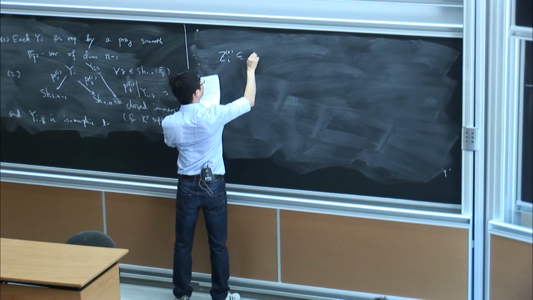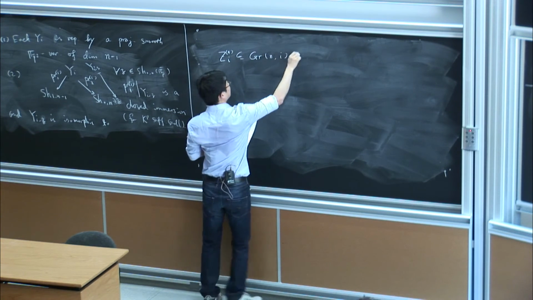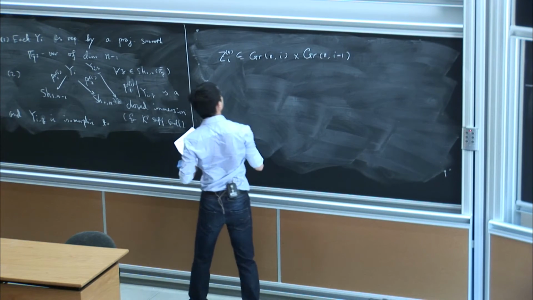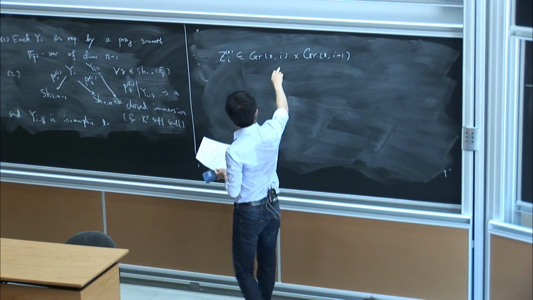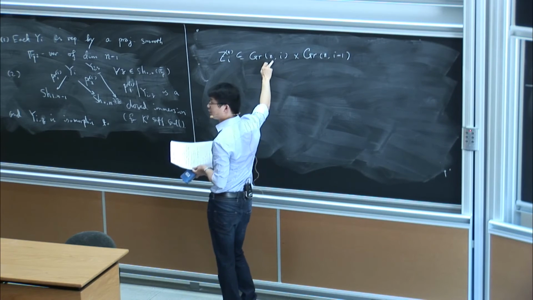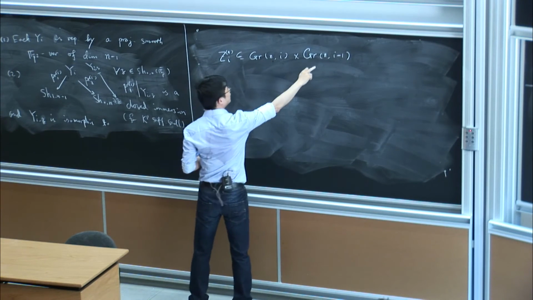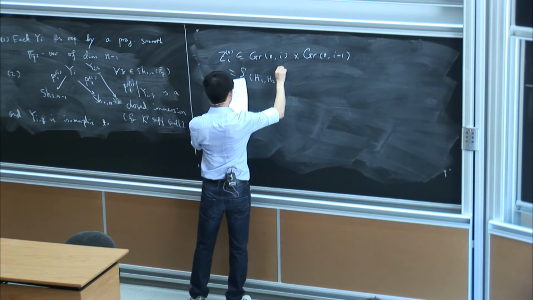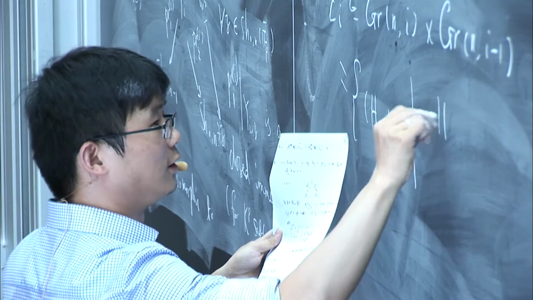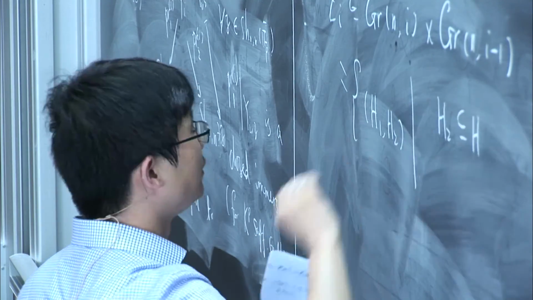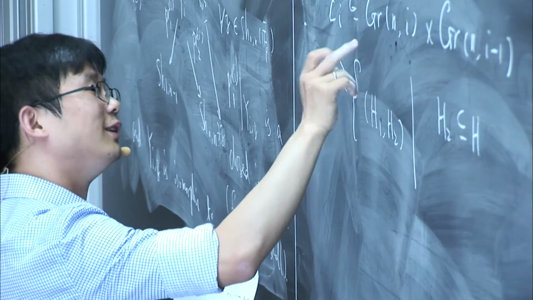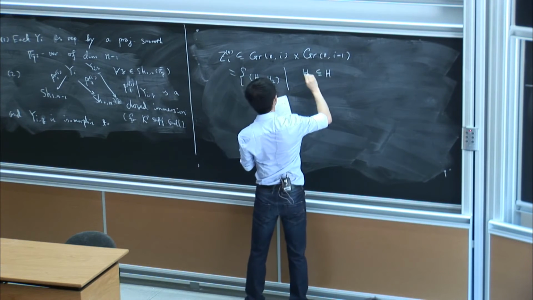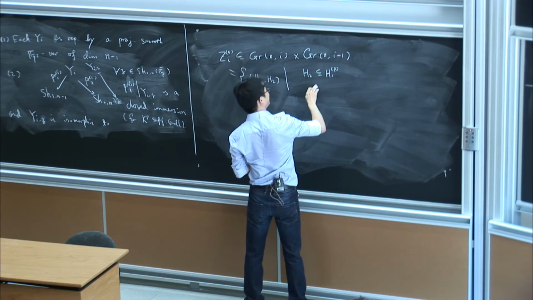It's going to be in the product of two Grassmannians. So this means the Grassmannians classifying the i-dimensional subspaces in n-dimensional vector spaces over F_p bar. Here H_1 is the i-dimensional subspace in the n-dimensional space, and H_2 is the (i minus 1)-dimensional subspace. You take a Frobenius twist of each one.